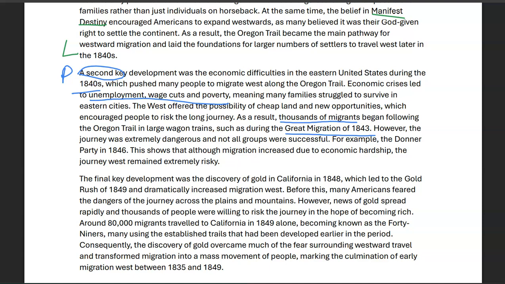However, the journey was extremely dangerous and not all groups were successful. For example, then I've talked about the Donner Party in 1846. And then finally, my link back to the question. So this shows that although migration increased due to economic hardship, the journey west remained extremely risky.